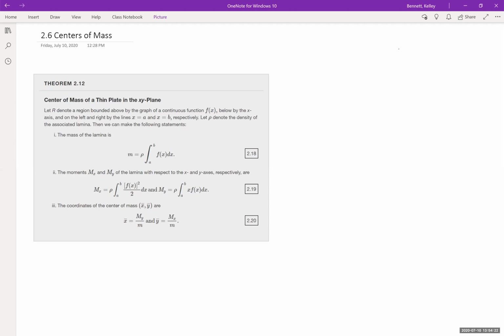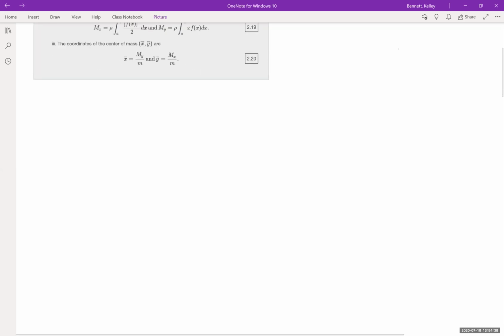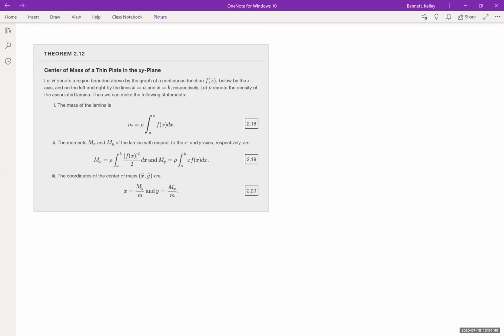Okay, so as we've been doing so far, we're going to first just consider a discrete set of points, kind of making a representative partition to estimate things. So we're going to talk about the centers of mass of a thin plate. The section starts off with a one-dimensional example. We're just going to bypass that and go straight into R2.